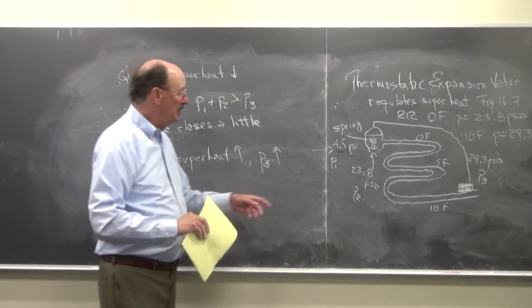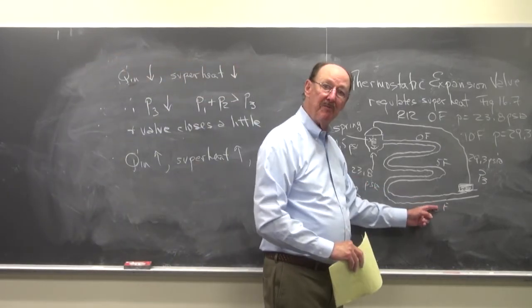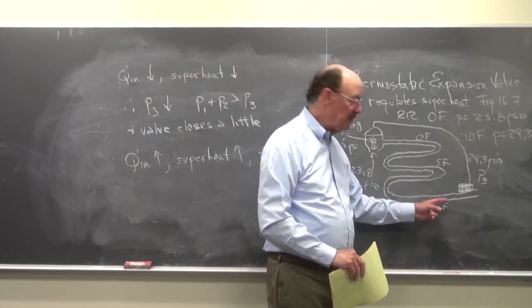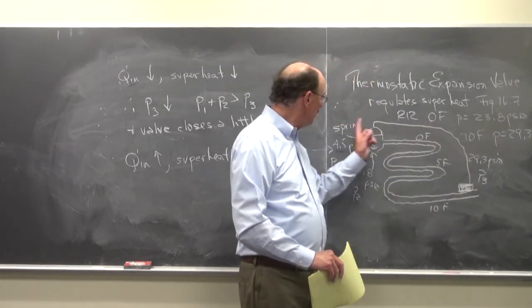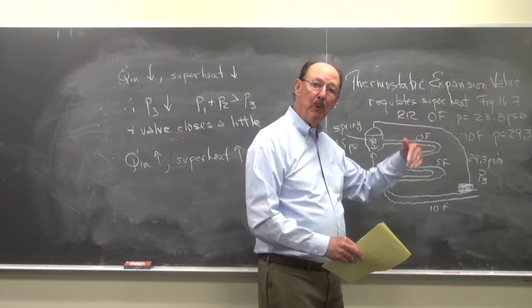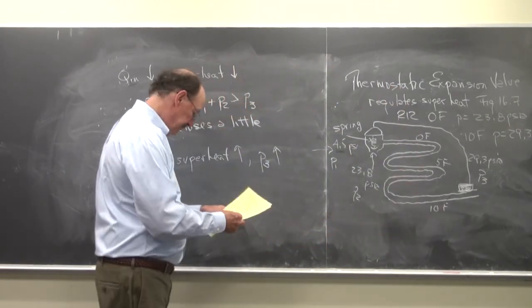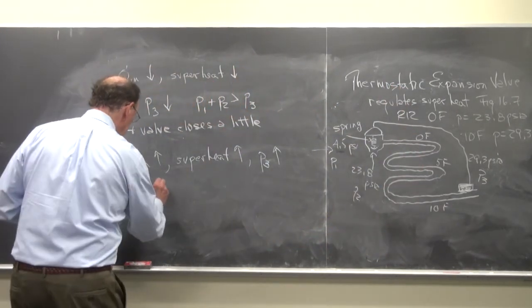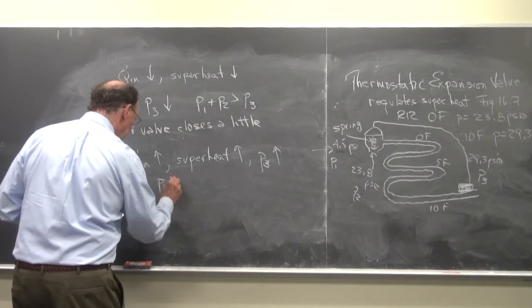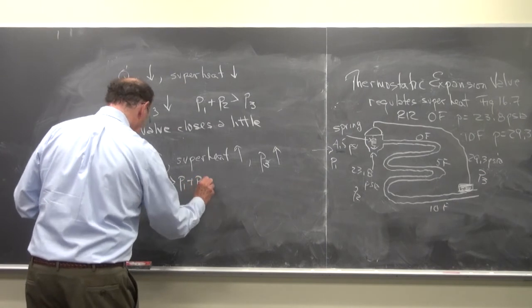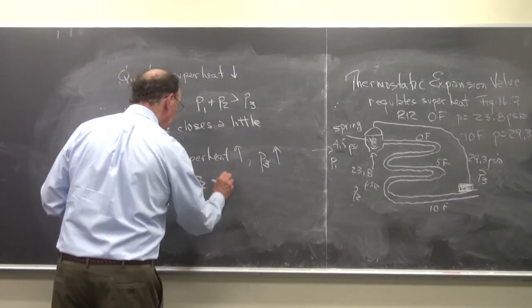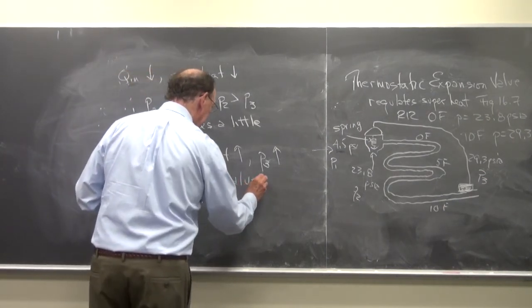So if momentarily this went to 12 degrees Fahrenheit or 13, 14 degrees Fahrenheit, then this pressure would be greater. P3 is going to be greater than these two, and it's going to push to open the valve up more. And the valve opens.